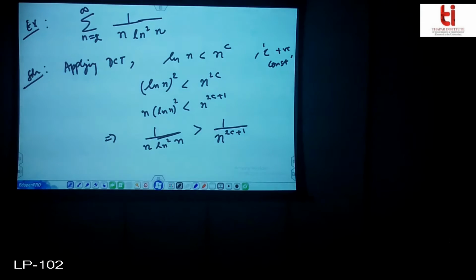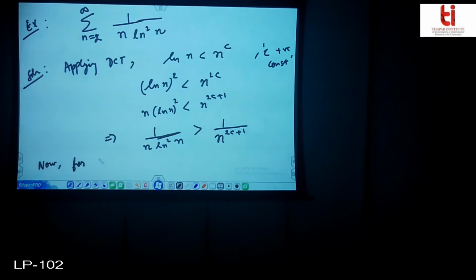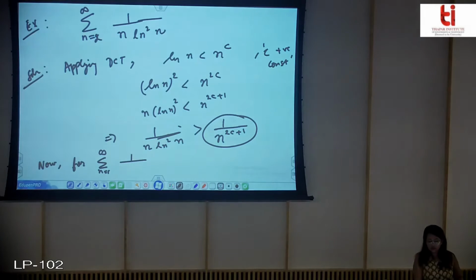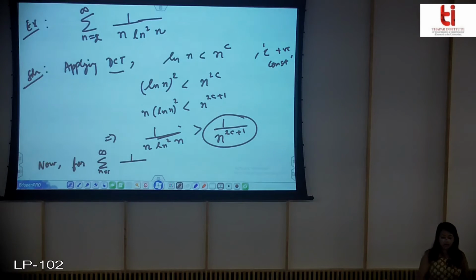Now, since this is lesser than this, only if it is divergent can we say anything about this. If it is convergent, we cannot say anything about this. So for any fruitful result, we have to show that this should be divergent, then only we can comment upon this by the direct comparison test. So for this to be divergent, what do we need?